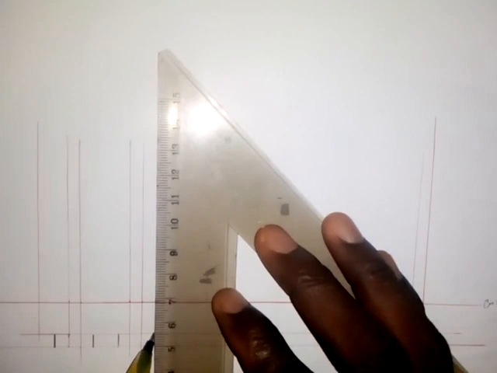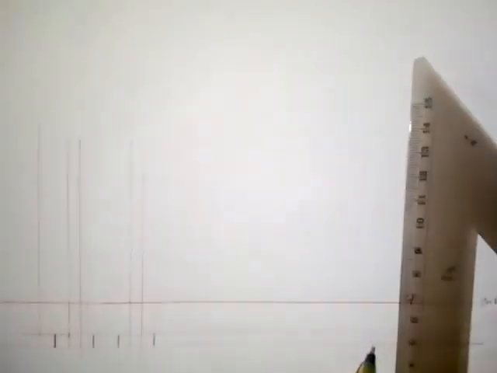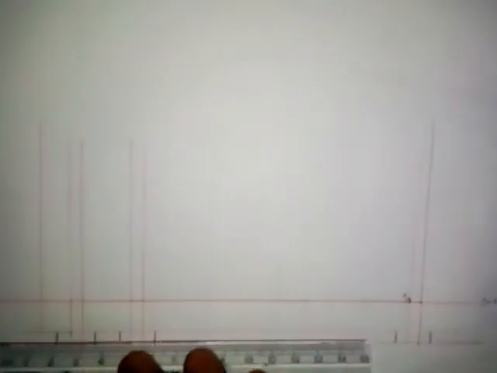There is also a vertical line, and here we have a vertical line. Here we have a vertical line too. Alright, so I'll complete the foundation footing here.